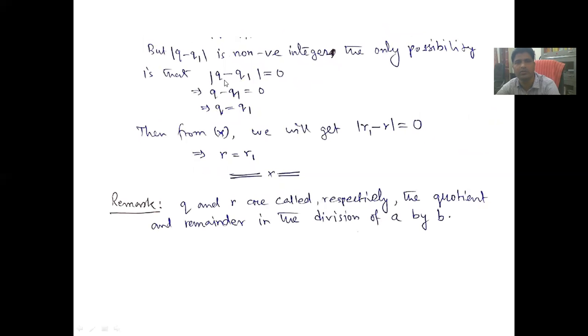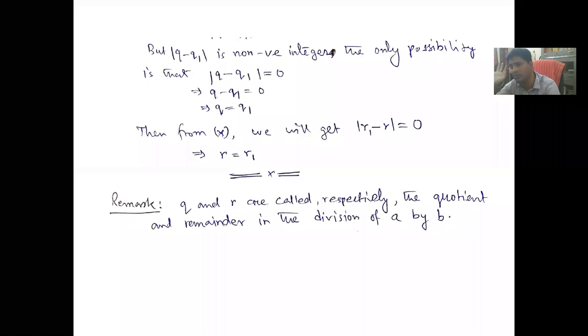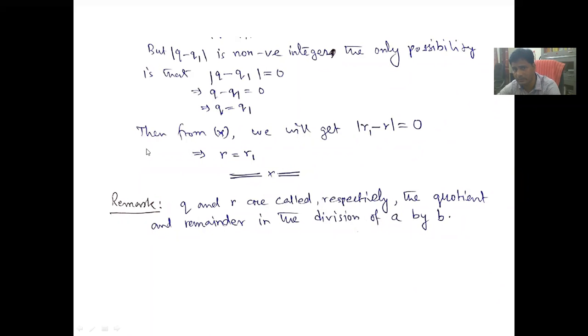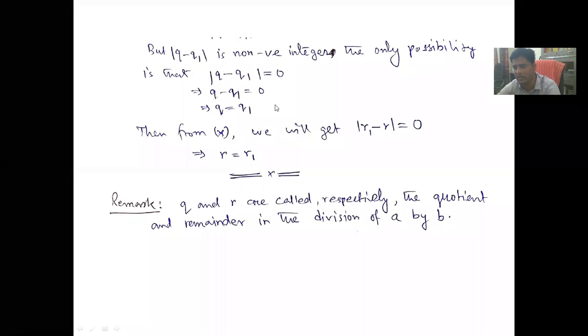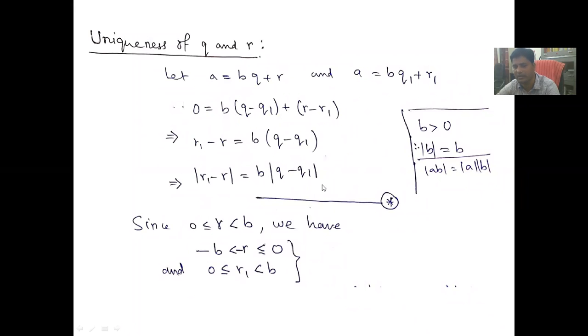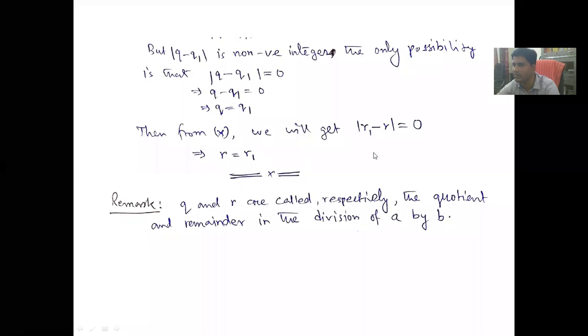Therefore mod Q minus Q1 equals 0, which implies Q minus Q1 equals 0, since mod x equal to 0 implies x equals 0. This implies Q equals Q1. And then from star, mod Q minus Q1 being 0 means B into 0 is 0, so mod R minus R1 is also 0, and this implies R equals R1.